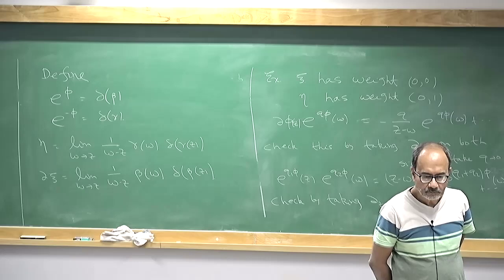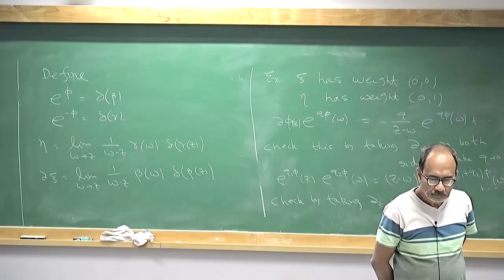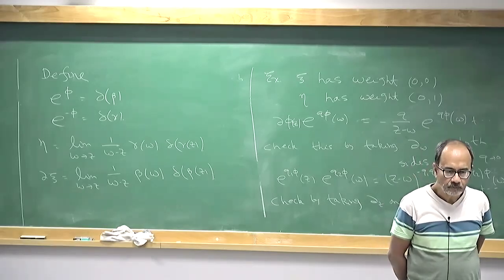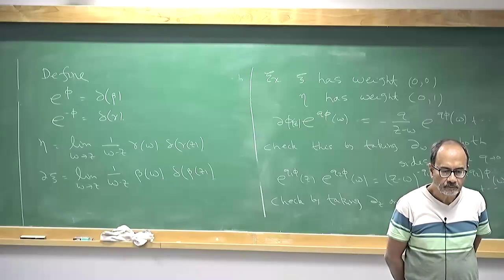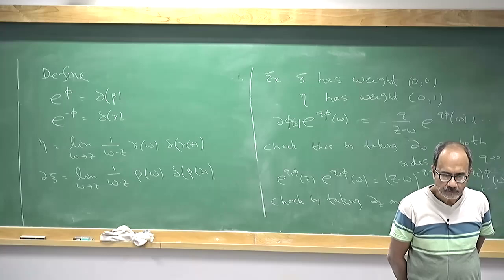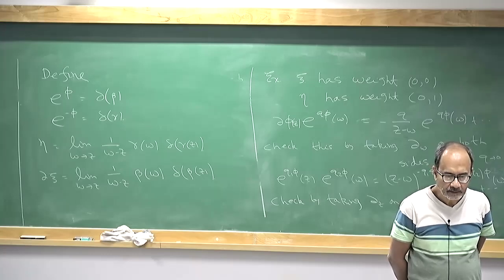If you take the BC ghost system, the exponential we can still define, right? This exponential equation with the BC. Yes, you can define. But then the bosonic counterpart of it, zeta and delta zeta, won't be there. They are just not there.